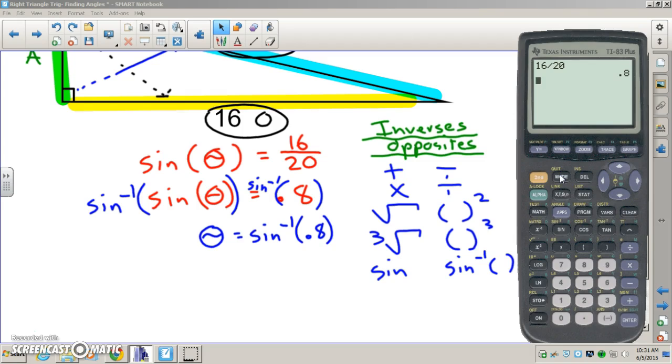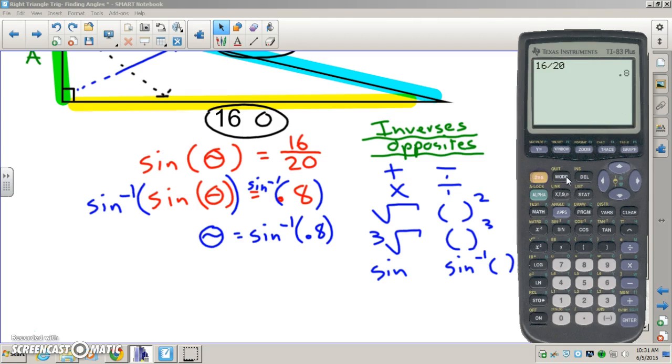On the TI-83, the 83 Plus, the 84, the 84 Plus, it's right next to that yellow second button, called the mode key, and from there you can turn it to degrees. If you use an app on your phone or your computer, or a handheld calculator that's not a TI, there will be a place where you can change between radians and degrees.